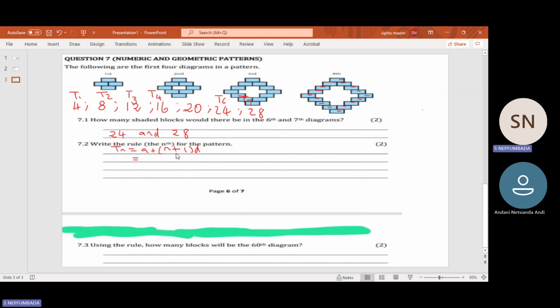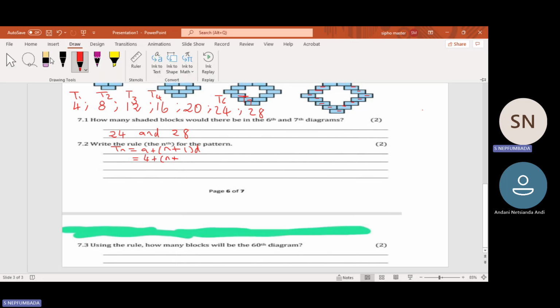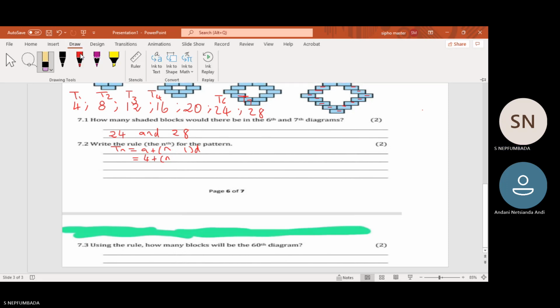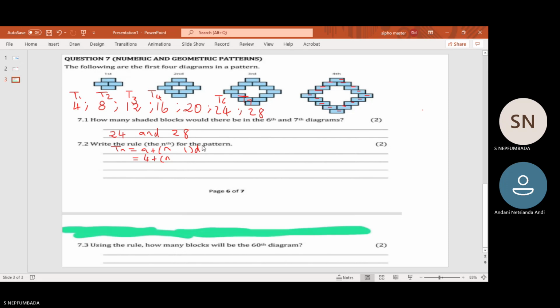It's up to us. Our a is the first term, which is 4, plus our n, we don't know it, minus 1. Sorry, it says n minus 1, not n plus 1. It says n minus 1 times d, where our d is nothing but 4.